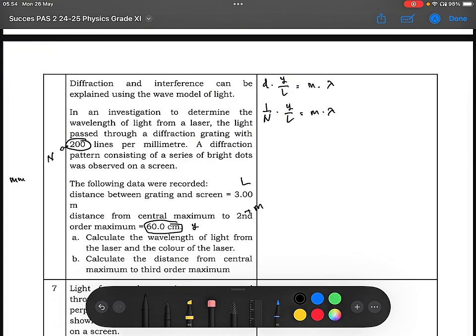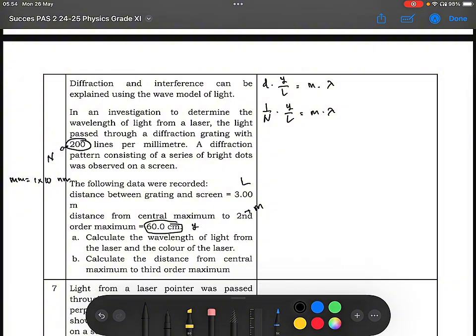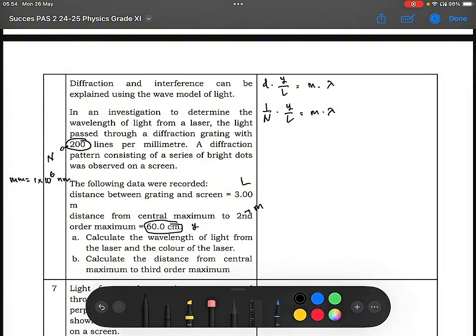Millimeter to nanometer is 10 to the 6, meter to nanometer is 10 to the 9, centimeter to nanometer is 10 to the 7.